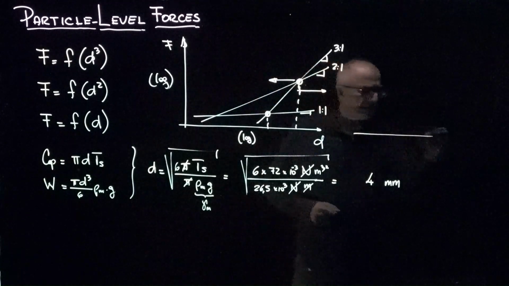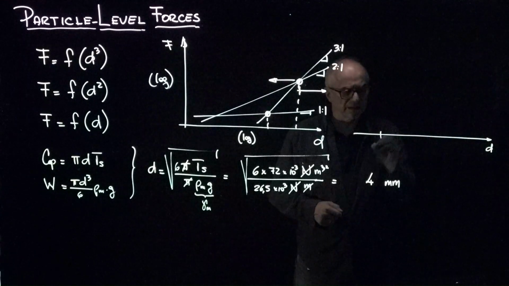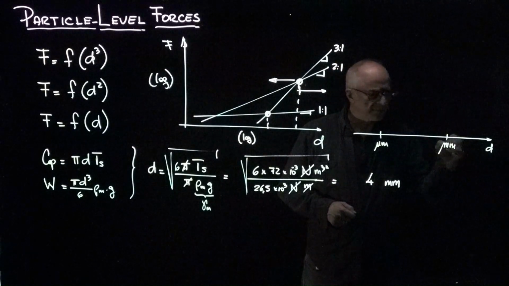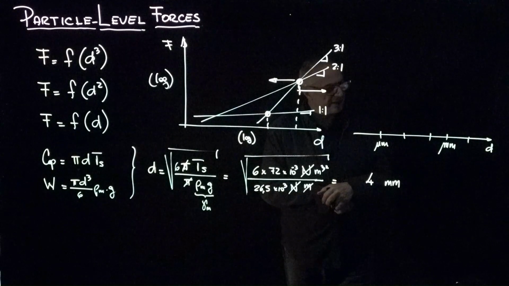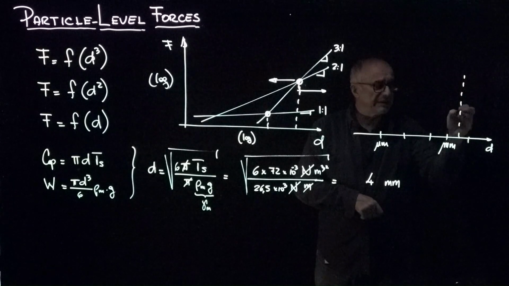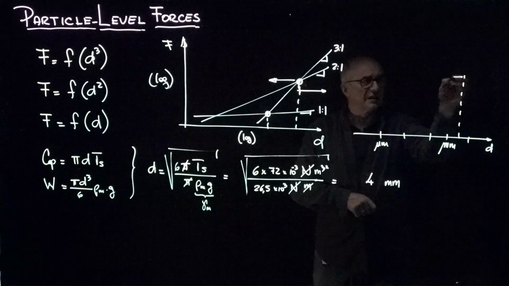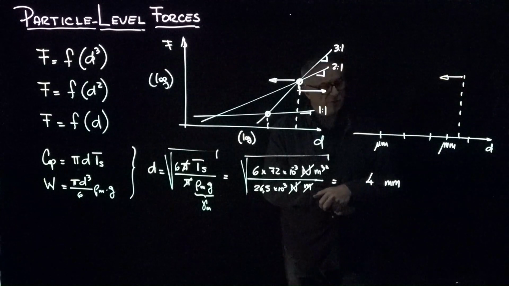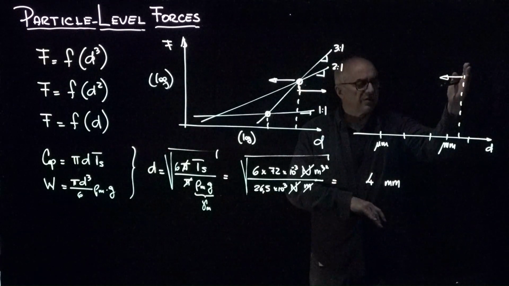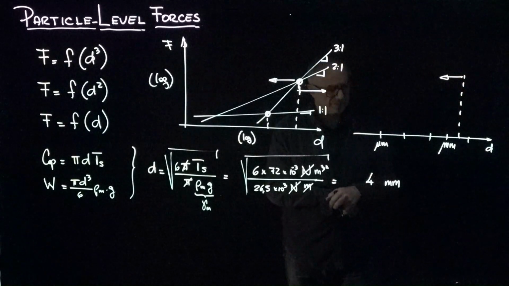Therefore, if we have a scale of particle diameters, and here is micrometer, and this is millimeter, then we can begin making some important conclusions. Capillary forces begin gaining relevance with respect to self-weight when particles are smaller than a few millimeters. In other words, we cannot make sandcastles with particles coarser than a few millimeters.